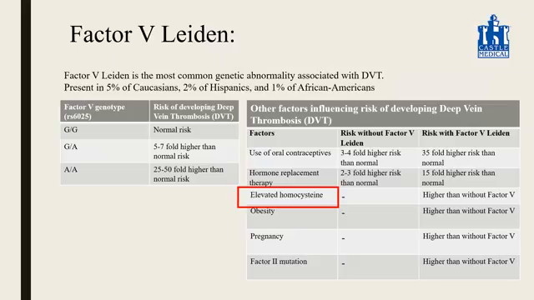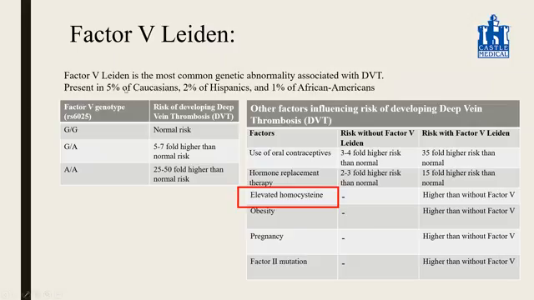When you have GA, it means one copy is mutated, then you have 5 to 7-fold higher risk of developing deep vein thrombosis. If you have both copies mutated, which is AA, then you have 25 to 50-fold higher than normal risk. And by the way, these data came from the American Heart Association.